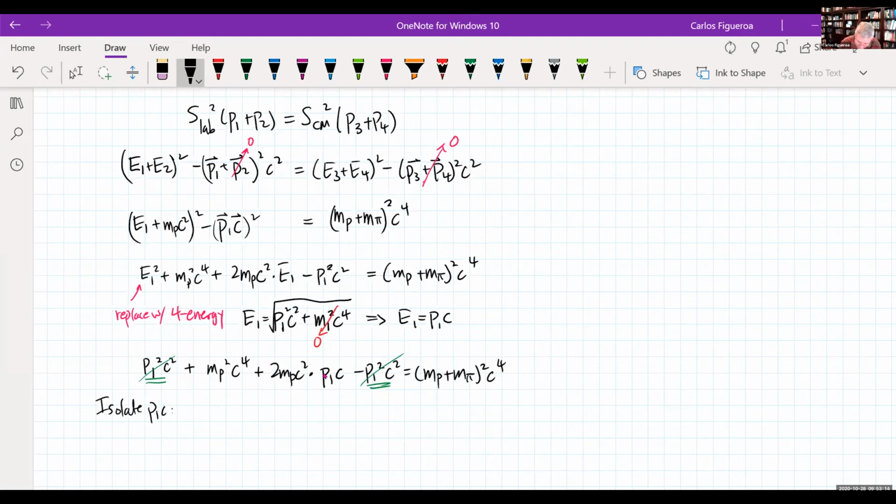So if I take this to the other side, and then divide that by that, I'm going to get that P1C is then going to be MP plus M pi squared C to the fourth minus MP C squared squared divided by 2MP C squared.